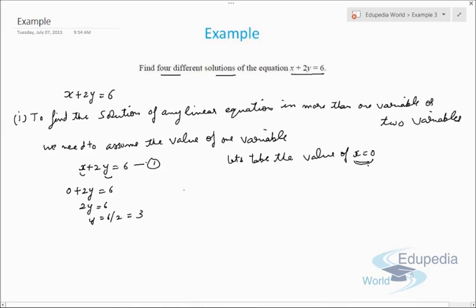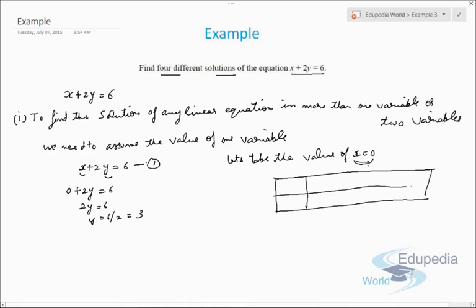For tabulating the solutions, we make a table like this, as we did in coordinate geometry, to represent the variables. Now we put x and y. We need 4 solutions, so we make 4 boxes: 1, 2, 3 and 4.